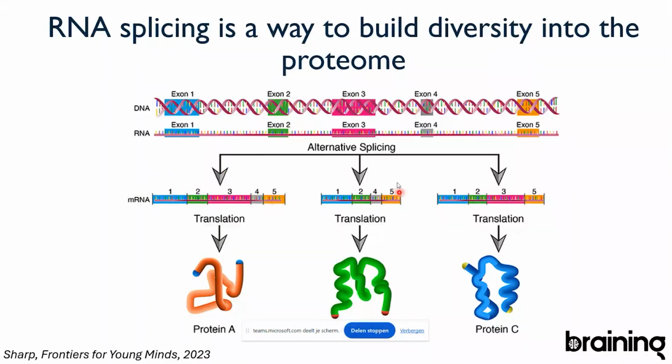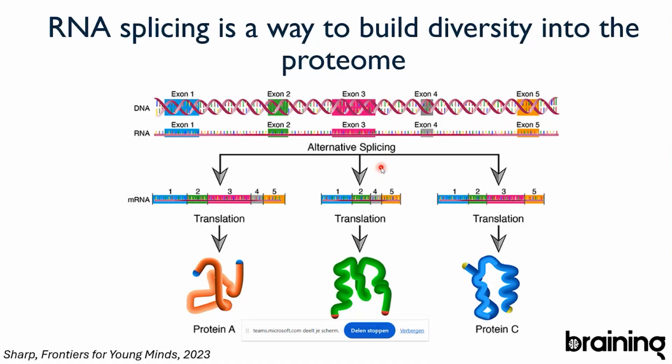While in the second molecule, coming from the same RNA, you only have exon 1, 2, 4, and 5. And in another variation, you only have exon 1, 2, 3, and 5. And the process of including exons differentially in a mature RNA is called alternative splicing.